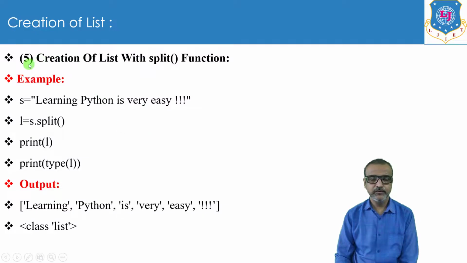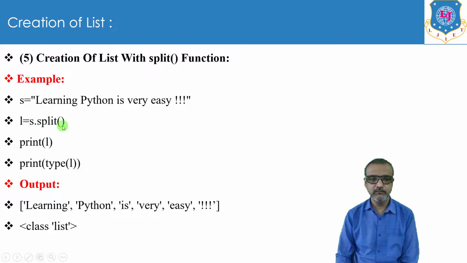Now we have the fifth method, creation of a list with the split function. So we have an example here. S equals "learning Python is very easy!" We have written one statement and stored that statement in variable S. Now L equals S dot split.